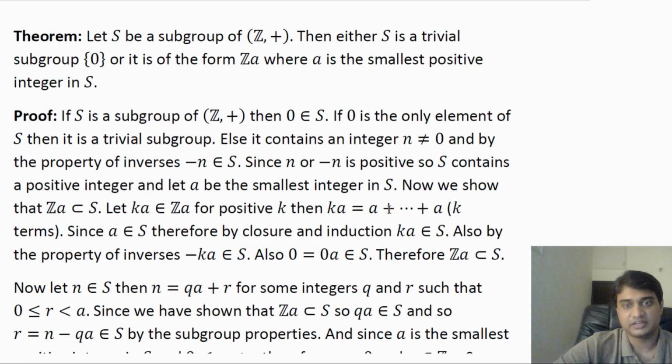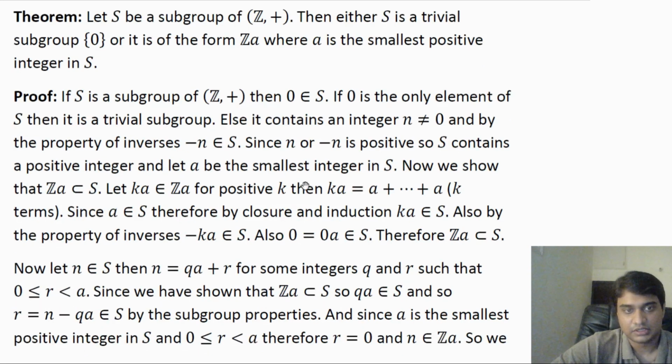So S contains at least one positive integer. Now we denote by A the smallest positive integer in S.